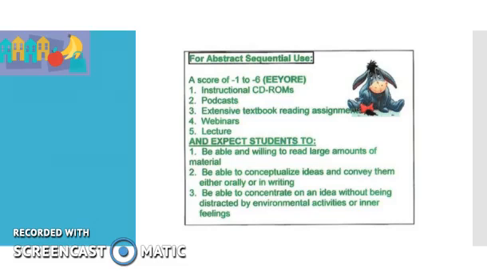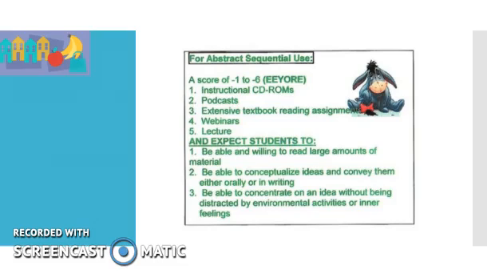So close to 60% of you had scores indicating this may be the preferred method for you. They tend to prefer instructional CD-ROMs. CD-ROMs is a bit dated, but instructional materials, podcasts, extensive textbook reading assignments, webinars, and lectures.